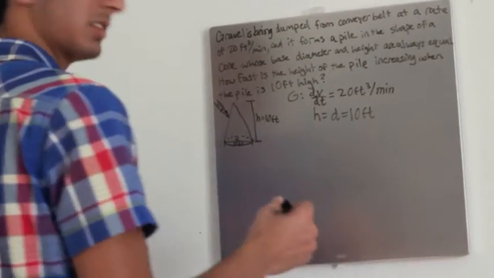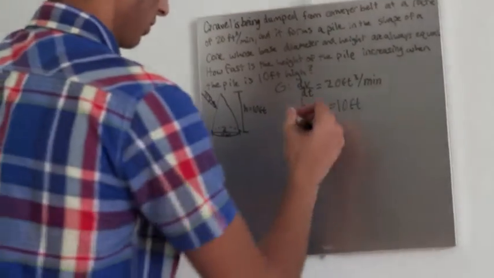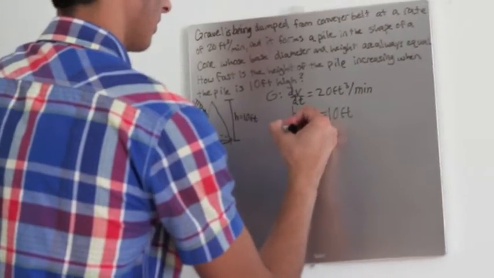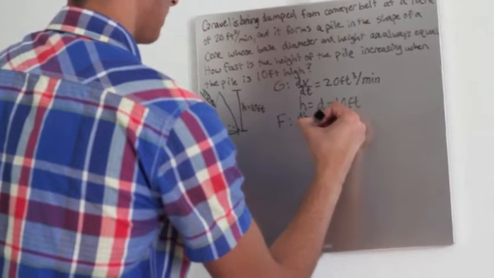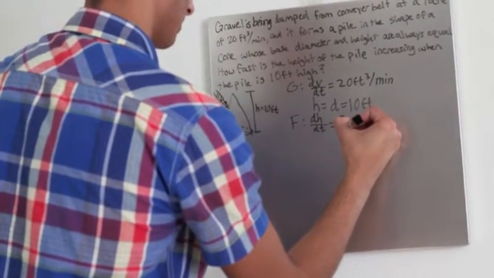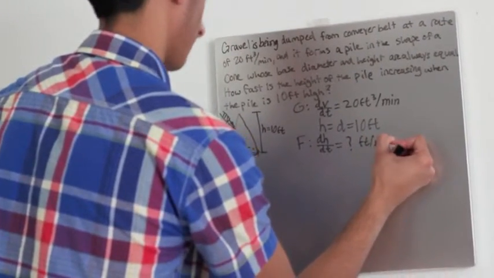And what we want to find is the rate at which the height is changing. And so that is going to be our dh dt, which will equal something feet per minute.